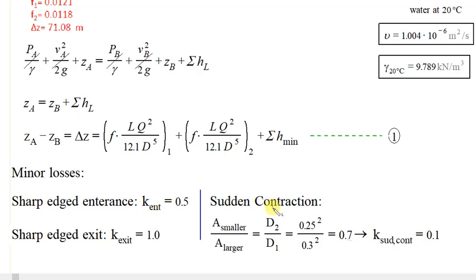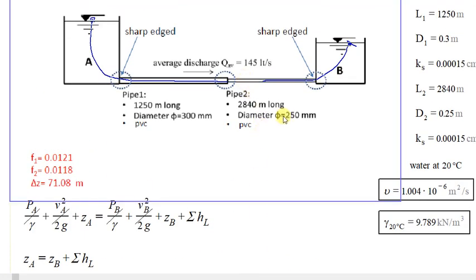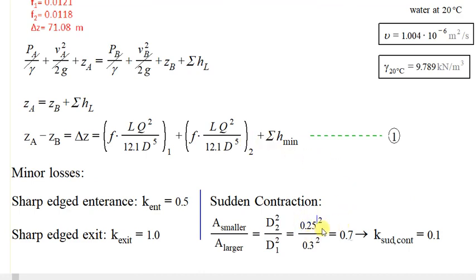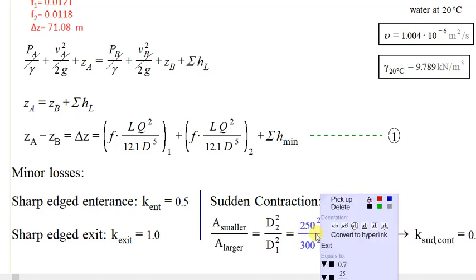For sudden contraction, as I told you, here it should be area of the smaller over the area of the larger, because the ratio should be less than 1. Smaller over larger. Smaller is 2, which is this one, 250, and larger is 300. I took the ratio in meters or centimeters, it doesn't matter. All they are equal to each other, okay? Even if you wrote it 250 squared over 300 squared, the ratio is same. It is 0.7.